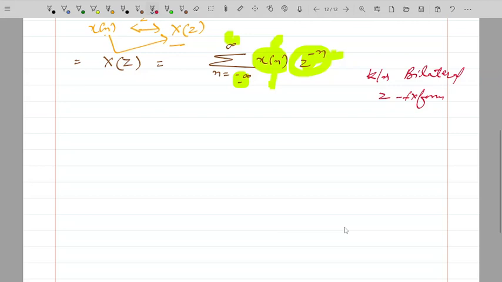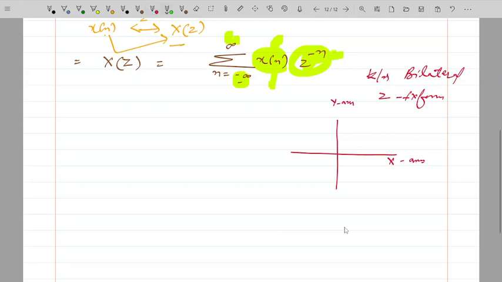The Z domain is a plotting technique for plotting the real and imaginary parts of the Z transform. Here these are the x-axis and the y-axis.